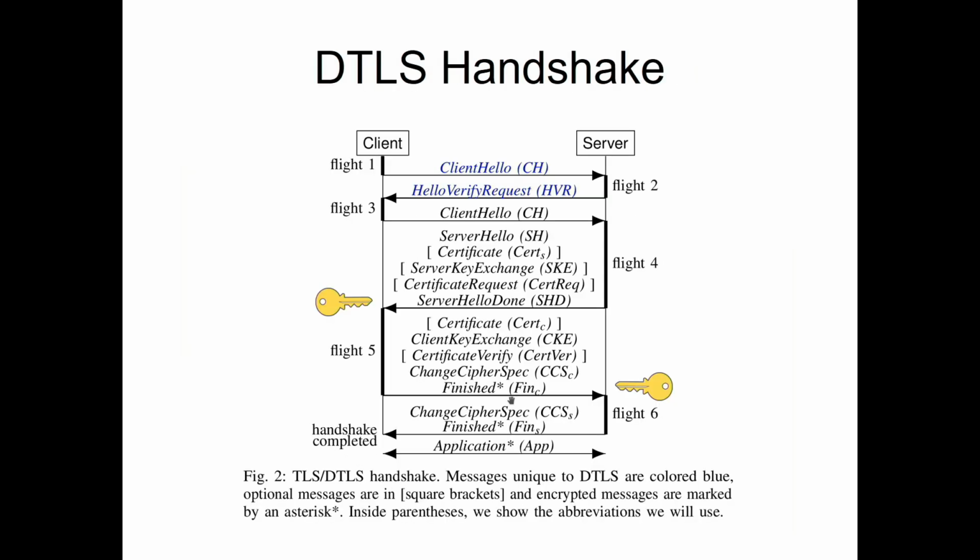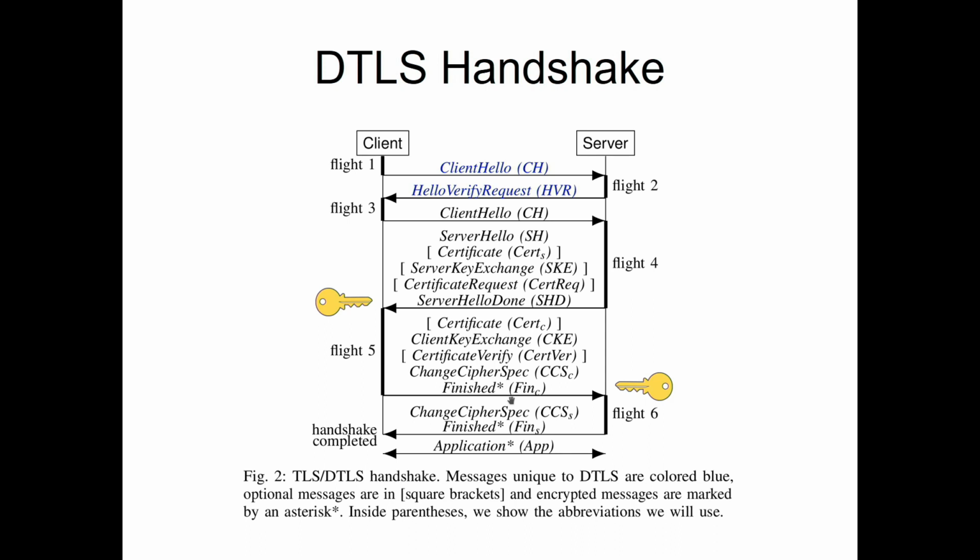It's quite complicated. The handshake here requires 6 flights. A client starts with a client hello. The server responds with a hello verify request. Then the client sends another client hello, for reasons that you can find out if you read the manual.